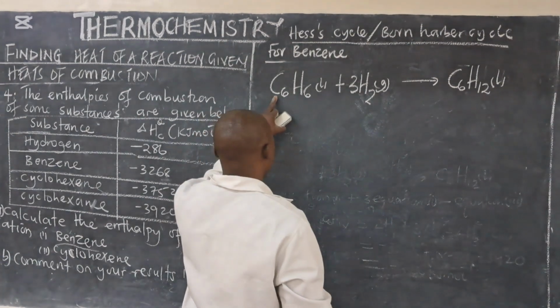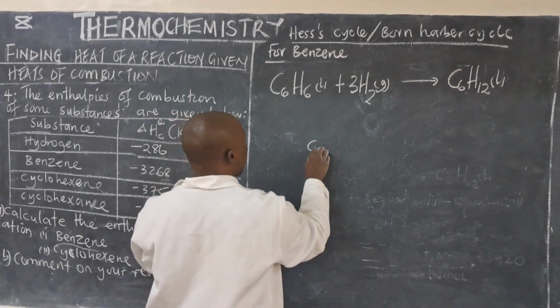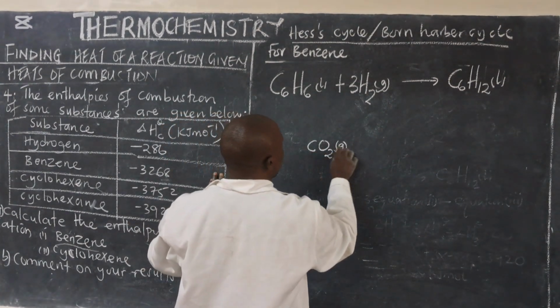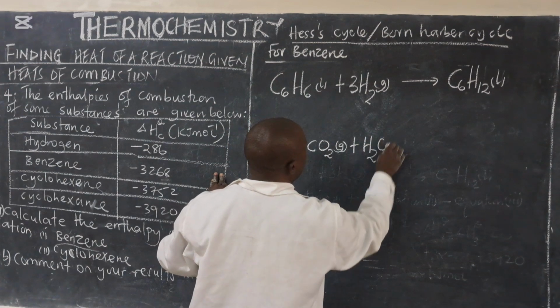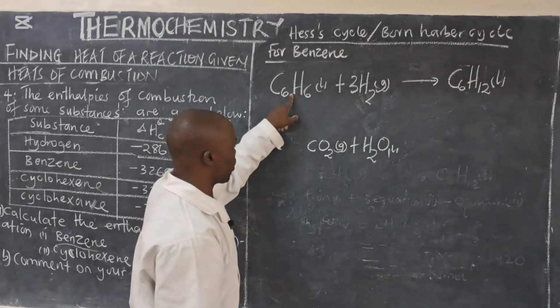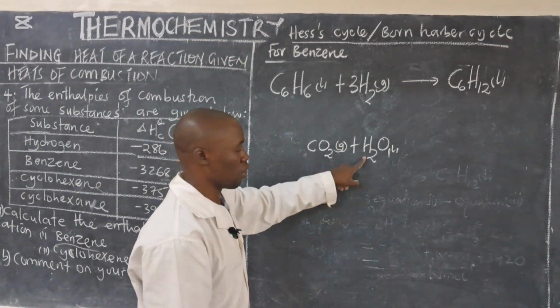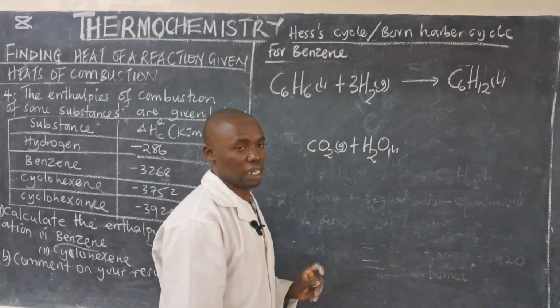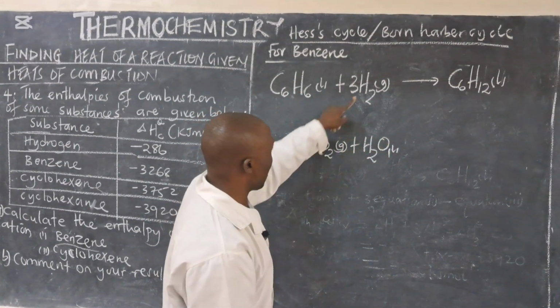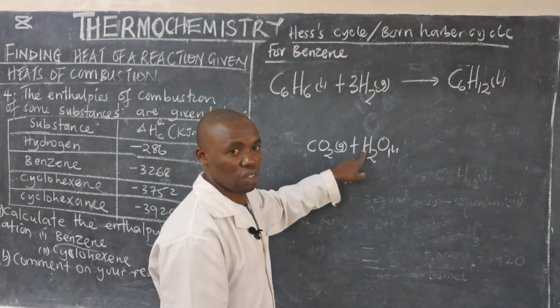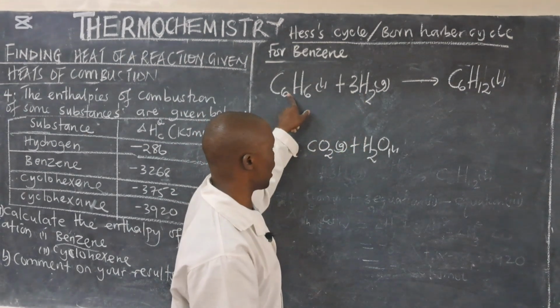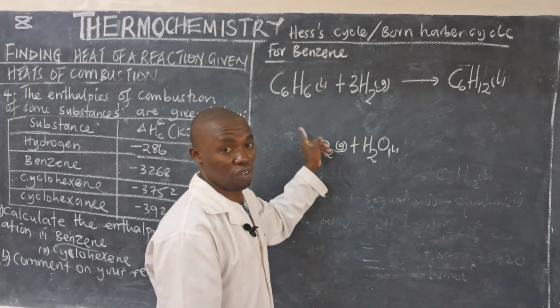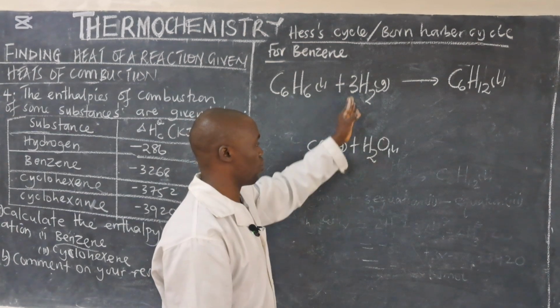Now when we burn benzene, we get carbon dioxide plus water. So this alone gives carbon dioxide and water. Even this alone gives carbon dioxide and water. Now the hydrogen gives water. So water is coming from here and here. So those will be a bit confusing products. How much came from here and there.